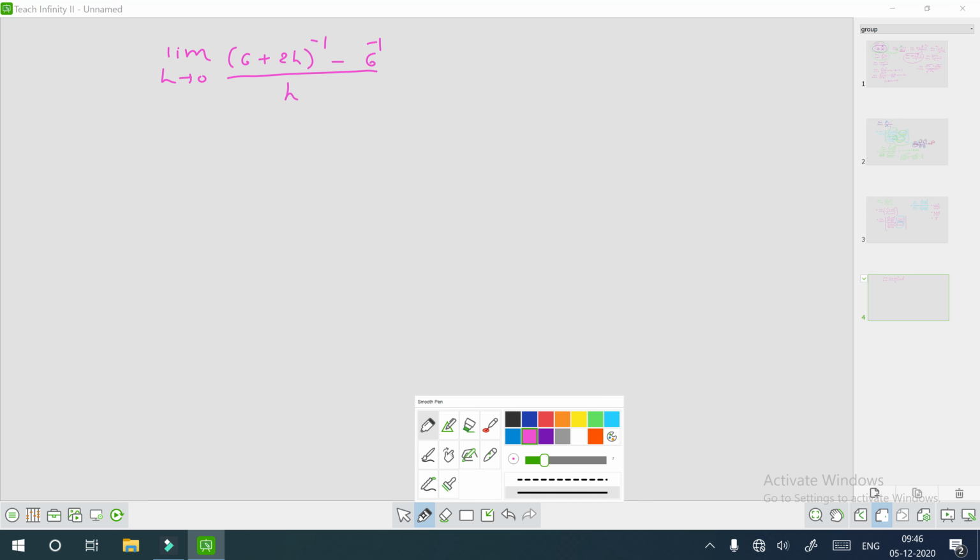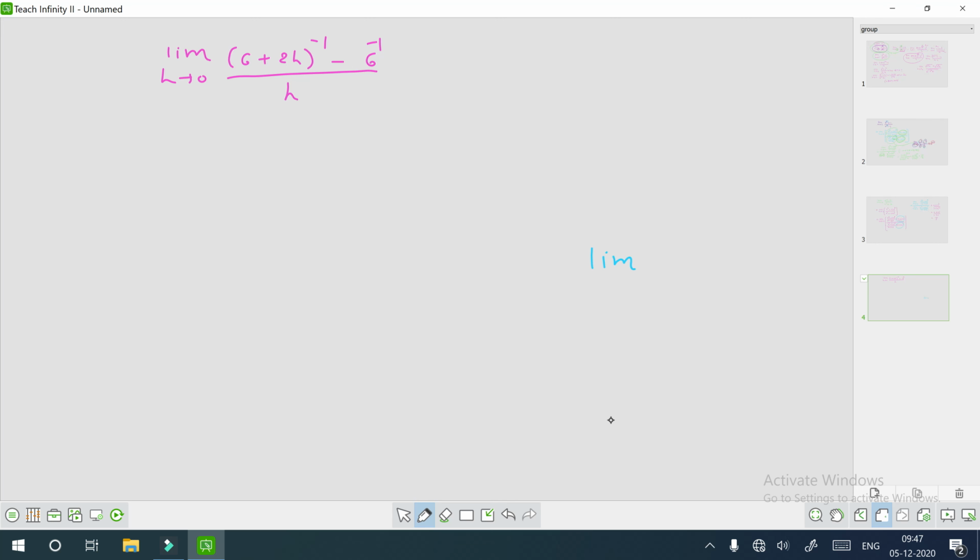Limit h tends to 0, let us write 6 plus 2h raised to minus 1 minus 6 raised to minus 1 over h. Now once again, everybody, please see here.